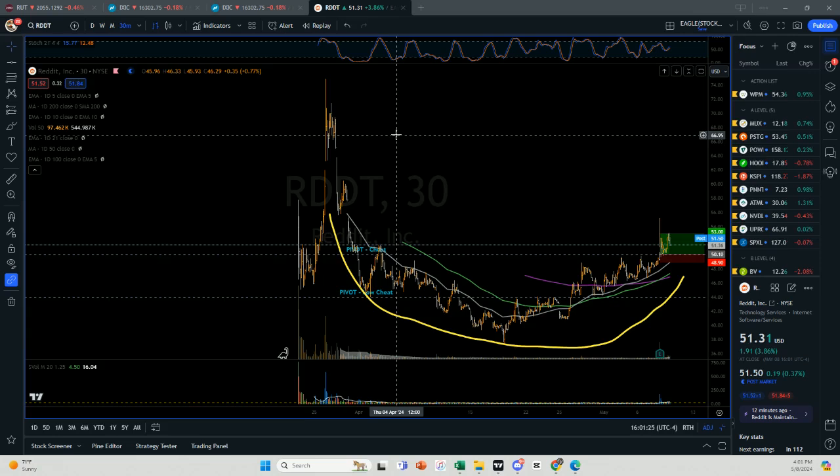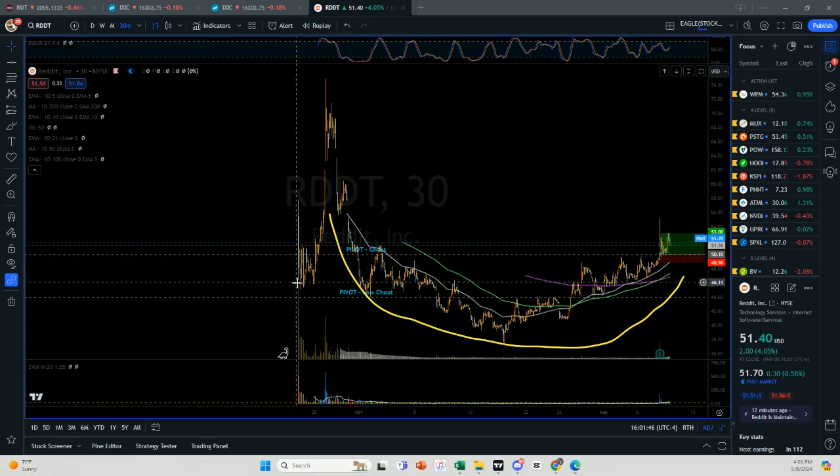Reddit is a stock that we've been following for a little while, and so we're able to dive quite a bit deeper into the analysis of it than what I'm able to stream on social media. But Reddit is a recent IPO. It IPO'd back in late March.